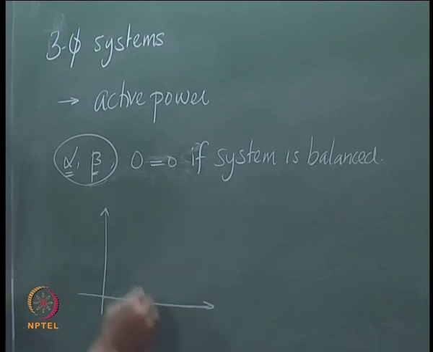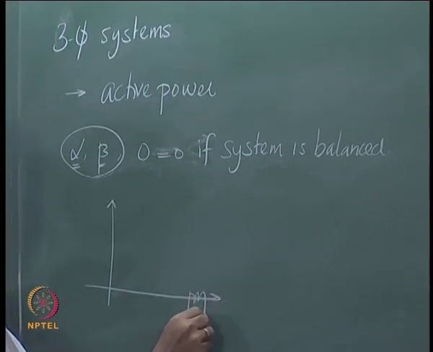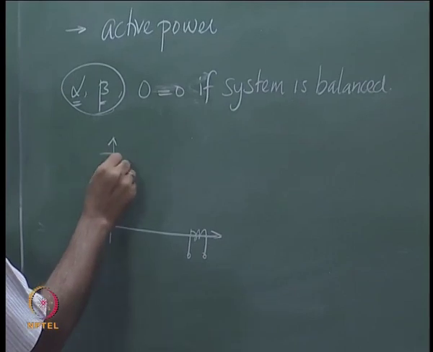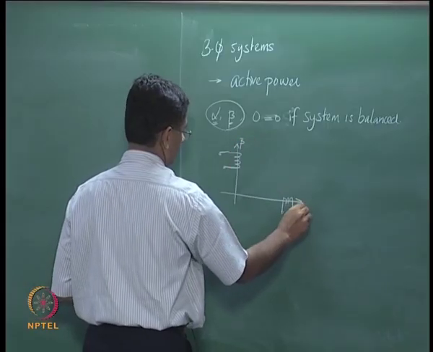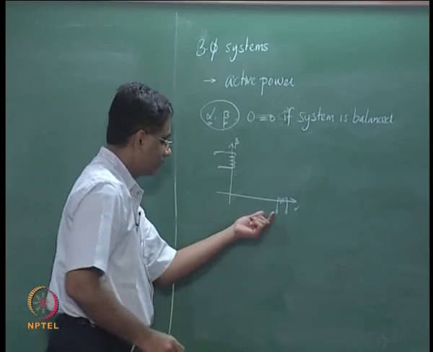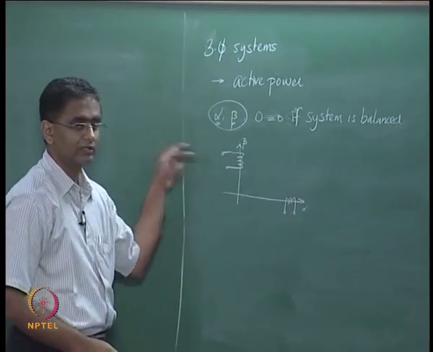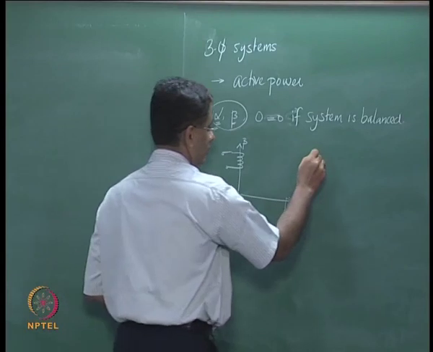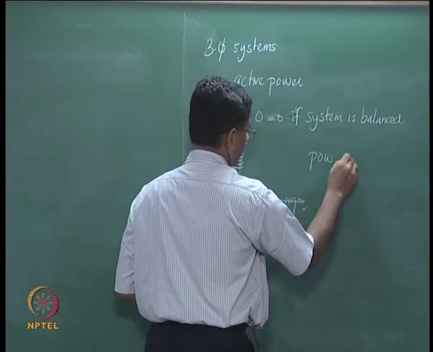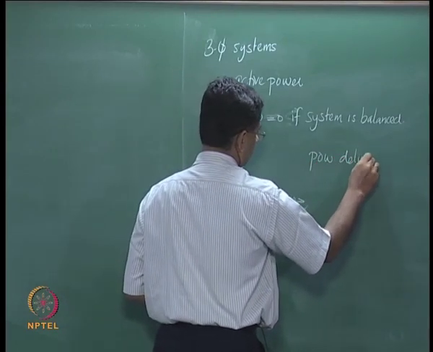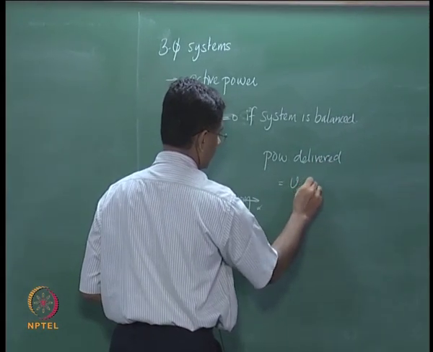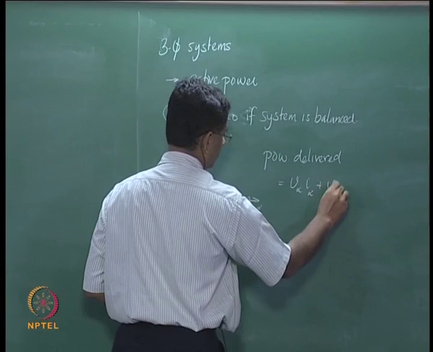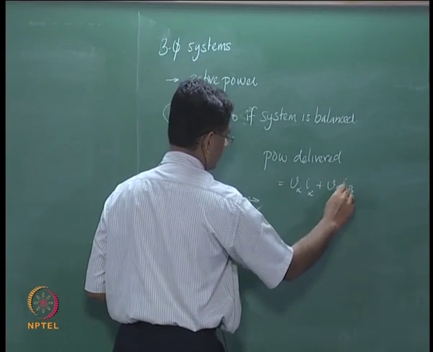So you have one coil here in the alpha axis, another coil here on the beta axis, and therefore since you are supplying a voltage here and supplying a voltage here, the power delivered is simply equal to V alpha into I alpha plus V beta into I beta.